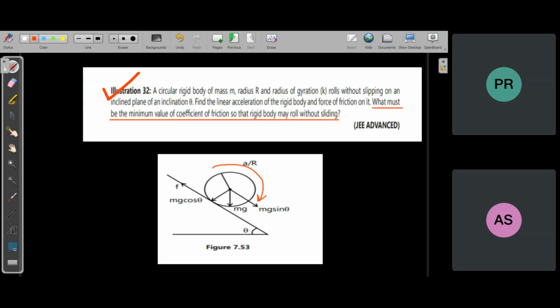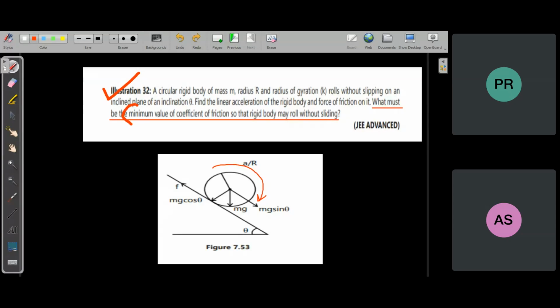Okay, that is fine. Just tell me how you will find the minimum value of coefficient of friction. Here you have to understand that the body should roll without slipping. If the friction value becomes lesser than this value, what will happen? The body will slip.